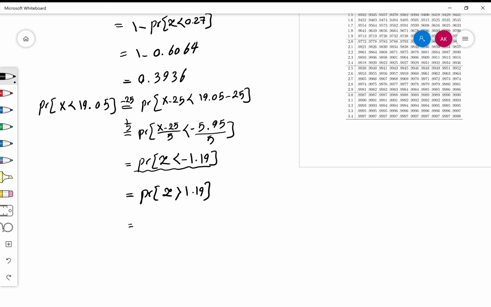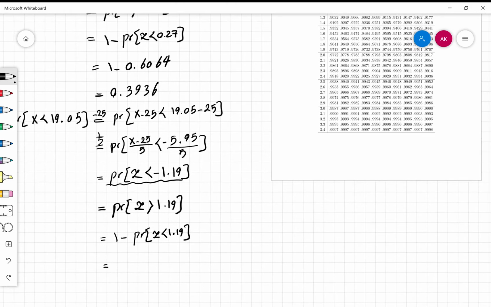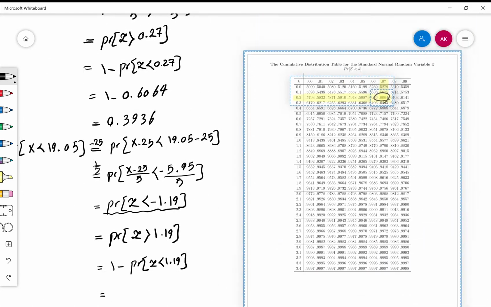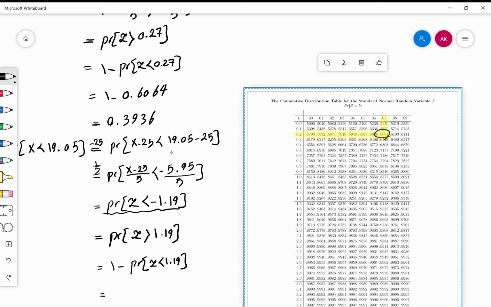Now this is z bigger than a positive number. You can turn it to z less than by subtracting it from 1. So it will be 1 minus the probability of z less than 1.19. So if I can find what is z less than 1.19, we are done.